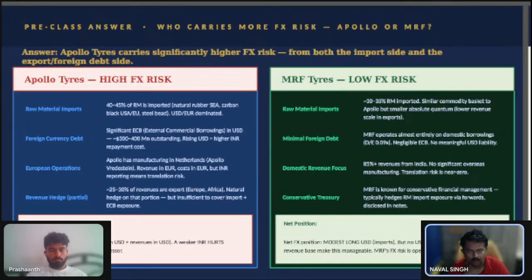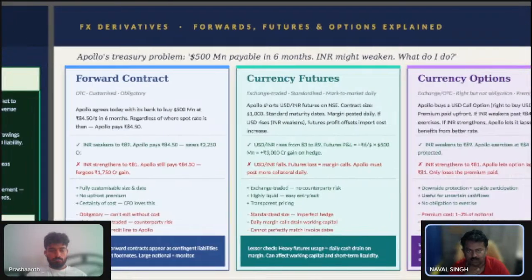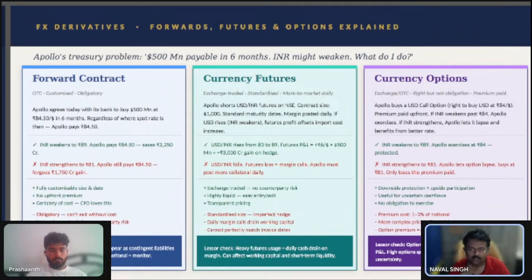That is for MRF. And Apollo's treasury problem: they have $500 million to pay in 6 months, and if the rupee, God forbid, goes to 95 rupees per dollar, or even 100 rupees per dollar, if the current situation goes bad, then this is a huge number. $1 billion at 100 rupees is 10,000 crore rupees.